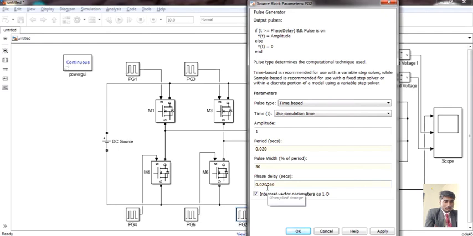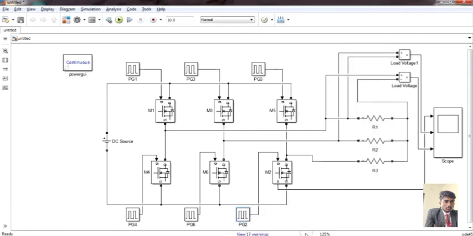Only the change to 120 divided by 180, the others remain the same. Here also the same values, 0.020 for 50 Hz.